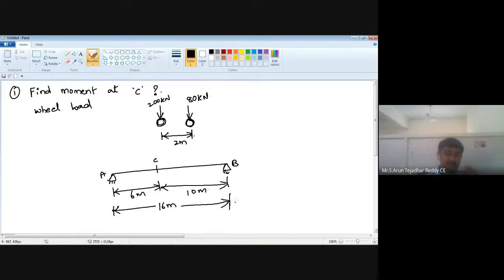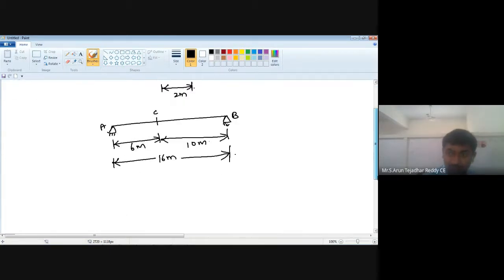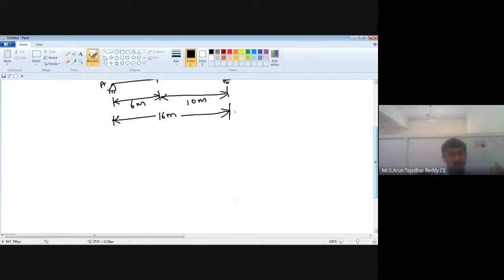Already we know the formula. What is the formula? Solution: MC is equal to AB by L, where A is equal to 6 meter, B is equal to 10 meter, L is equal to 16 meter. Okay, no problem.